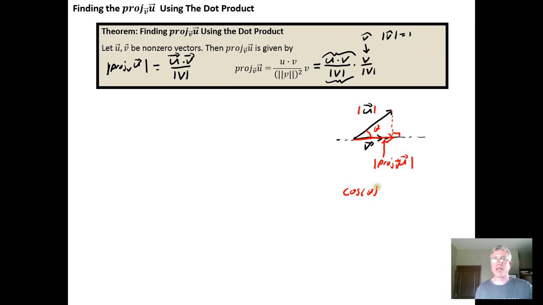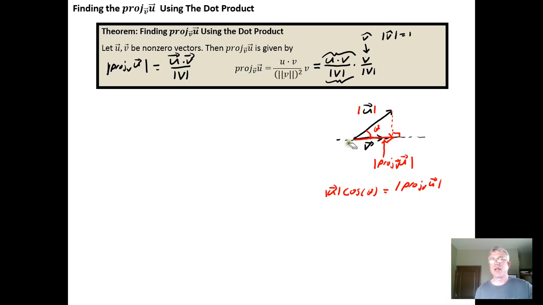Cosine of theta, because I have a right triangle, would just be equal to adjacent, which is the size of the projection, divided by the hypotenuse, which would just be the size of the vector u. And then if you multiply both sides by the size of u, you get that the size of u times the cosine of the angle formed there is the size of the projection vector.